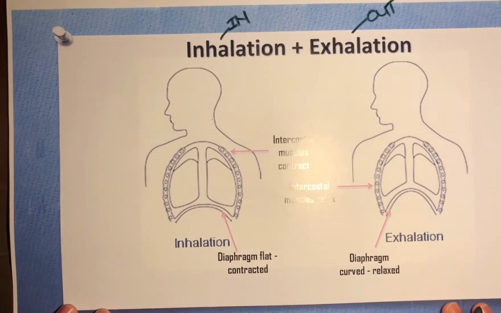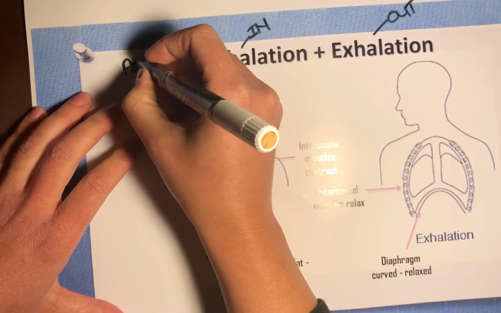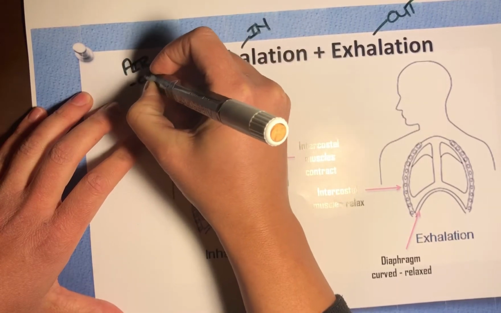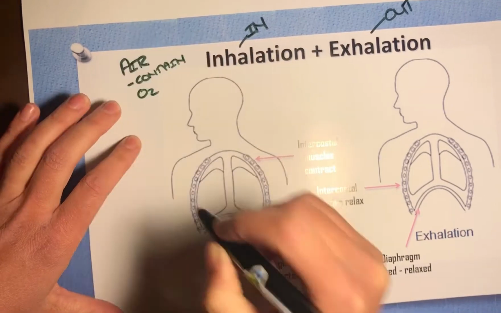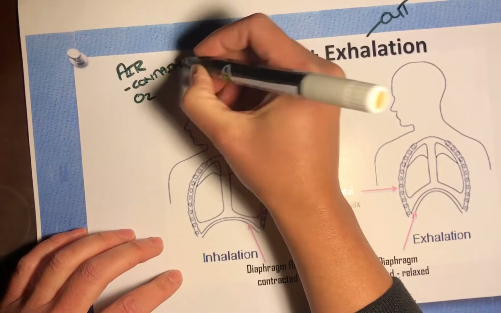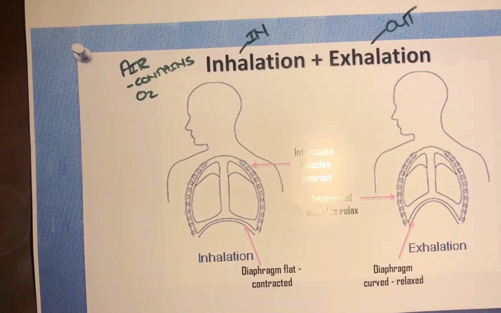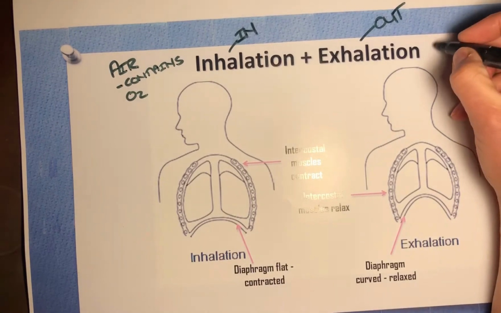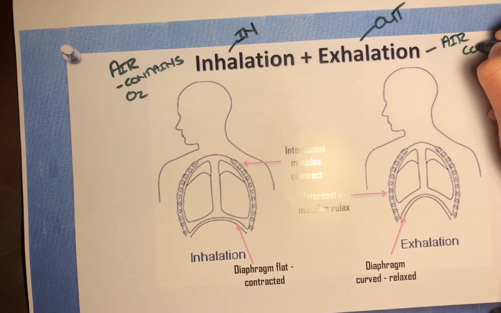Remember, you inhale air, that air contains oxygen, okay? And that oxygen is used for the process of respiration, and the process of cellular respiration allows you to convert glucose into energy, while exhalation is the process of breathing out air that contains CO2, carbon dioxide, okay?